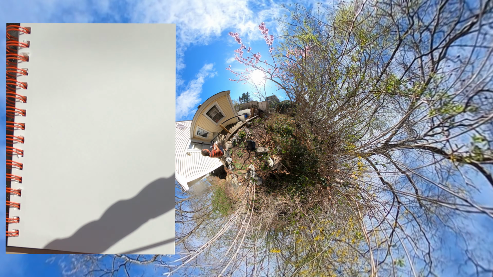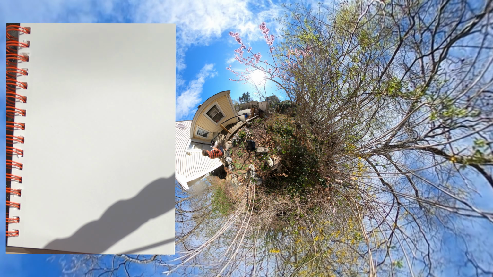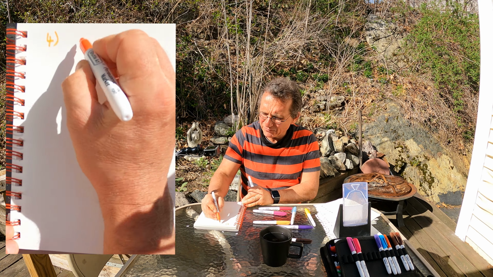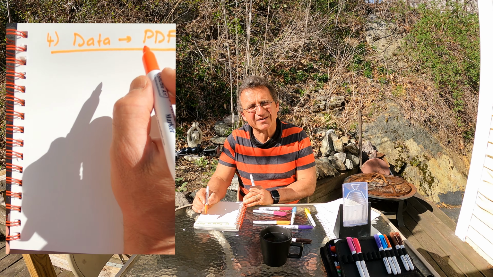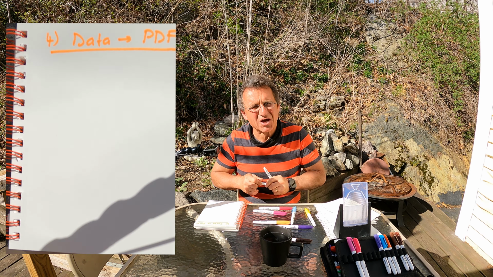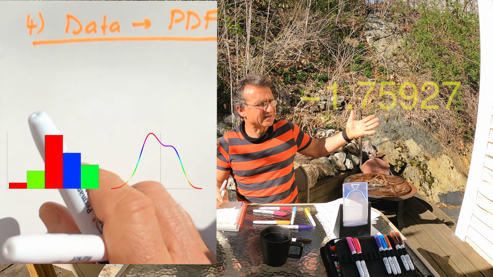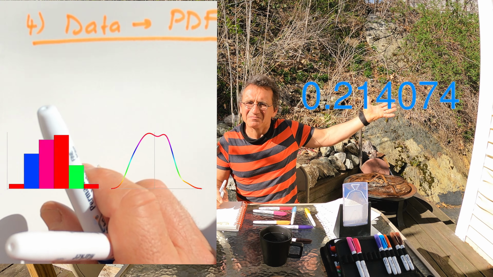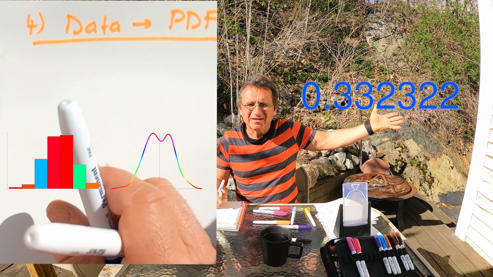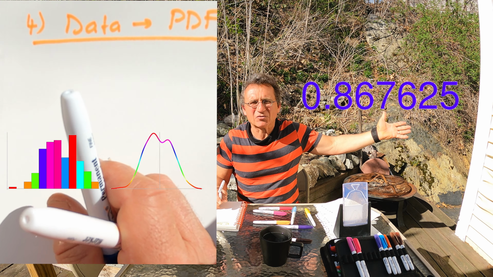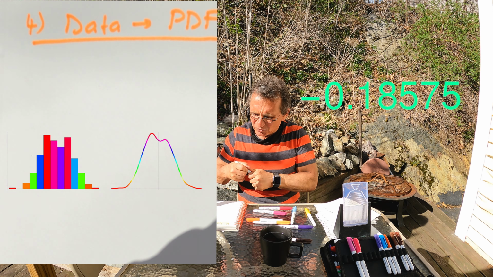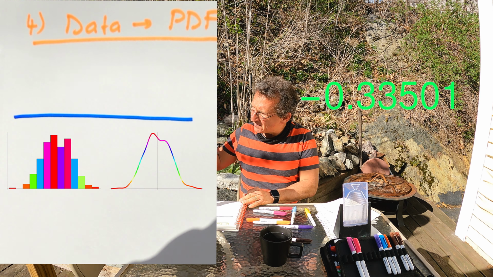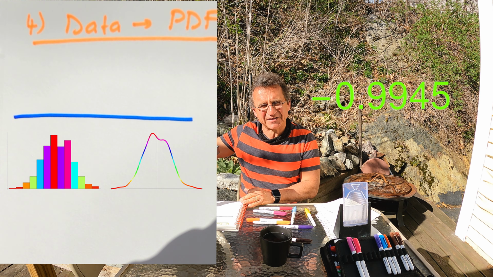The last thing I wanted to include in this lecture is a very important point. How do you get from data? That's extremely important, because data are just numbers. I can give you some random numbers, and I want to know what the distribution function is. So I'll explain it here with graphics.